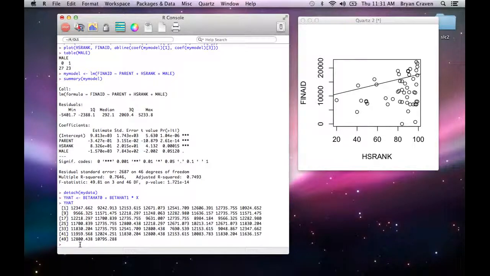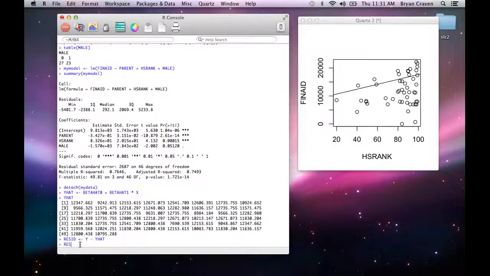This is one way to do it, where the residual is equal to the actual y value minus the predicted y value for each data point. So we're going to say resid for residuals is equal to y minus y hat.